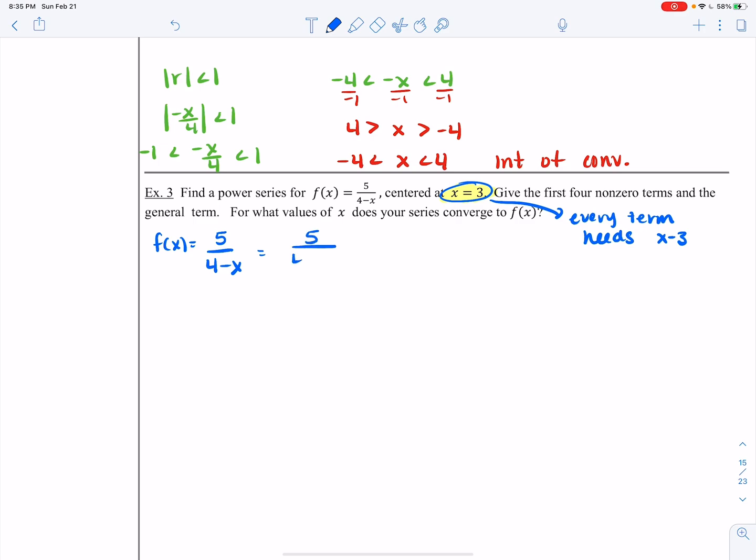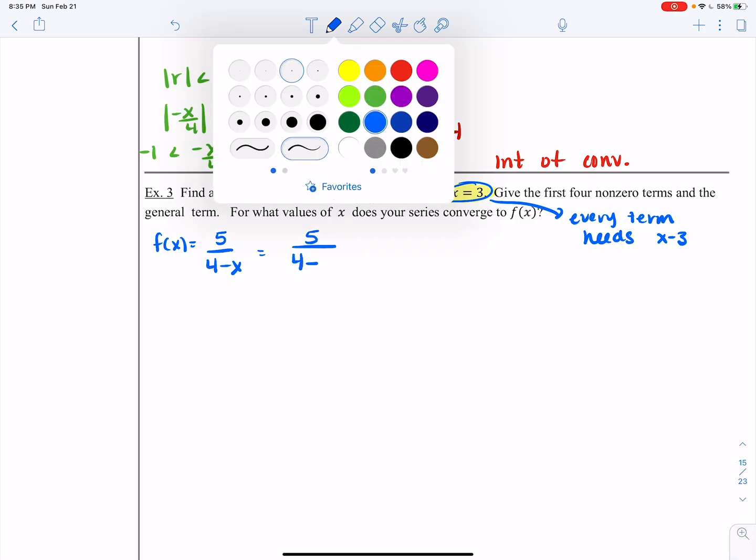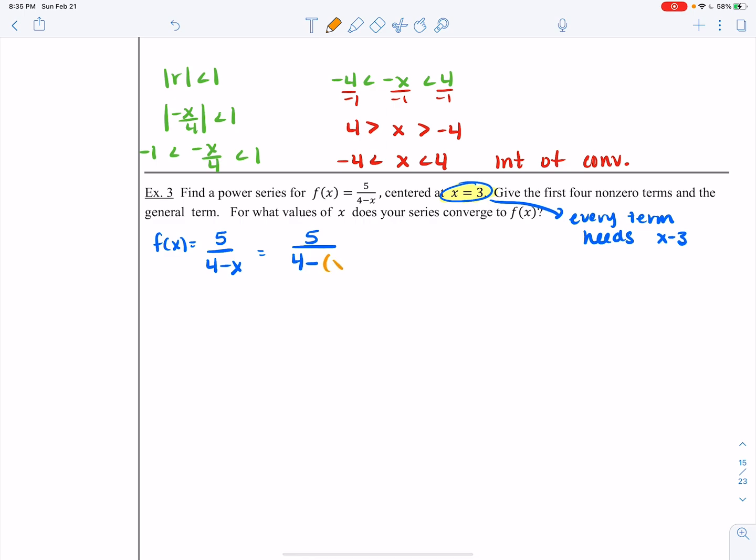What I basically want to do is turn this into x minus 3. Well, I can't do that by just subtracting 3. So if I'm going to put an x minus 3 there, in order to balance this out, I technically need to put another minus 3 there. Now, why? Because that's going to give me 0.